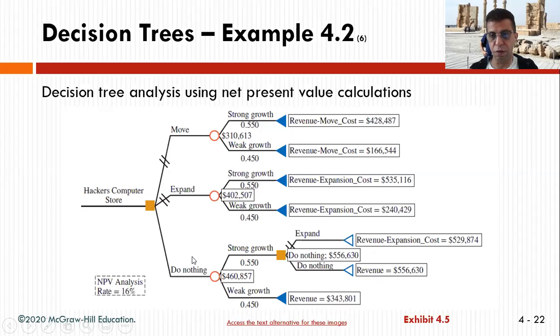So you notice the first impression that we have is, oh, let's move, because we see the number is pretty high. But then we put the cost of moving versus the cost of expansion. Then we said, no, let's do the expansion.